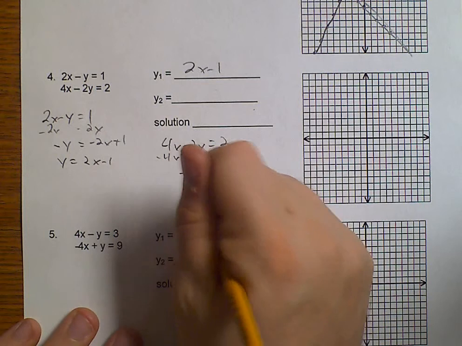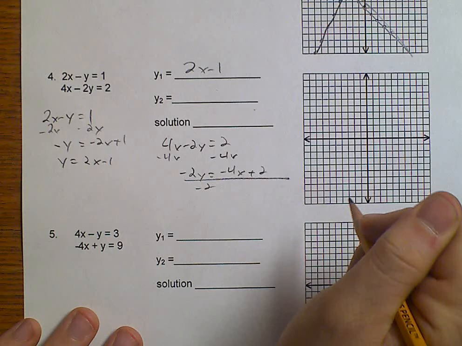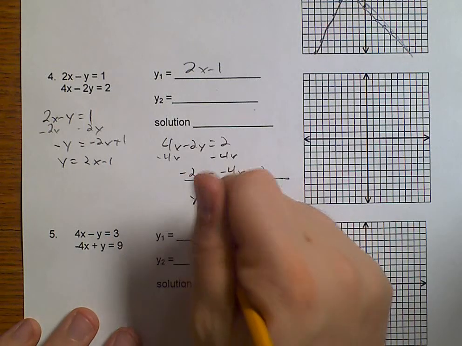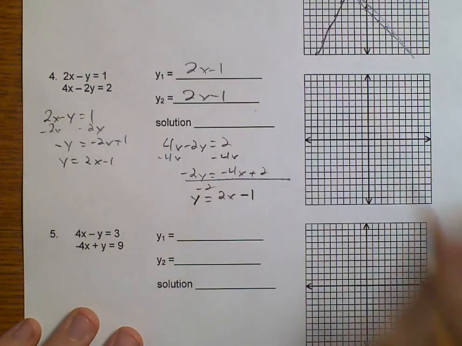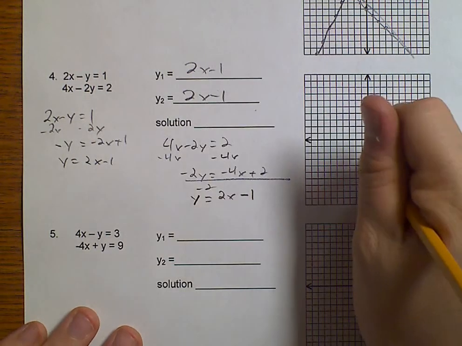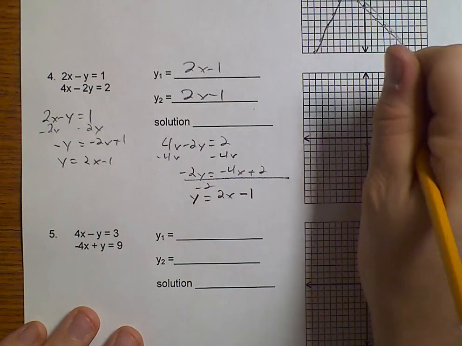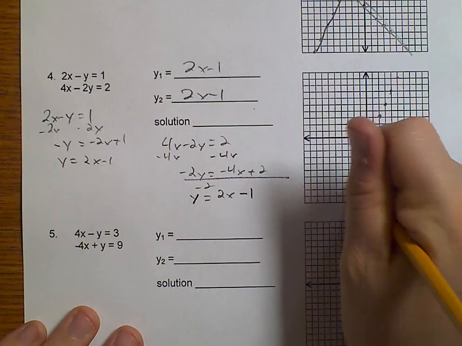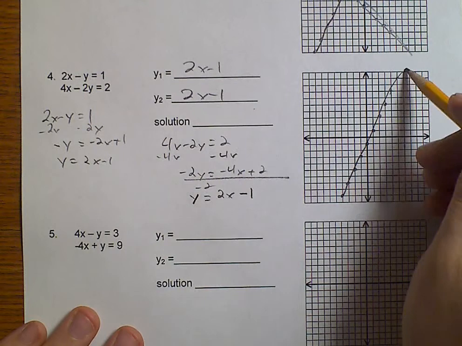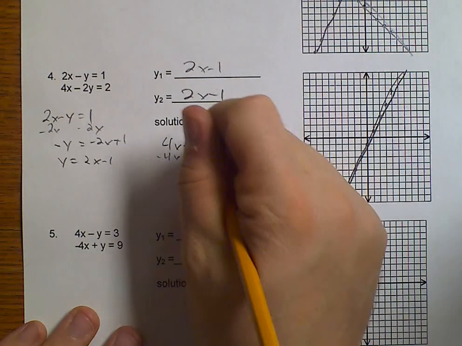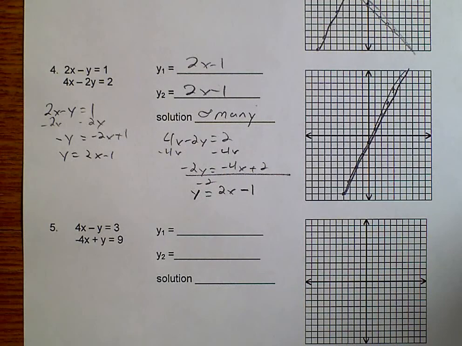Negative 2y equals negative 4x plus 2. Divide everything by negative 2. y equals 2x minus 1. Graph it. Well, they're both the same line, starting at negative 1 with a slope of 2. So we have infinitely many solutions because they are the same line.